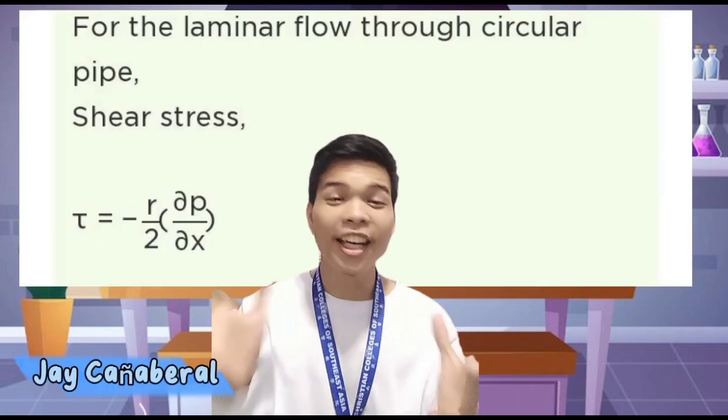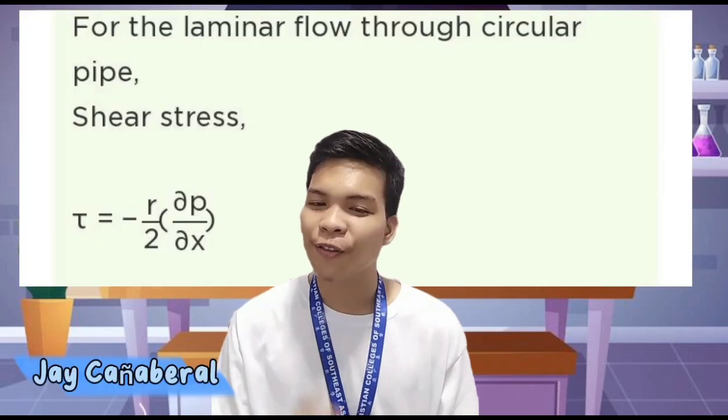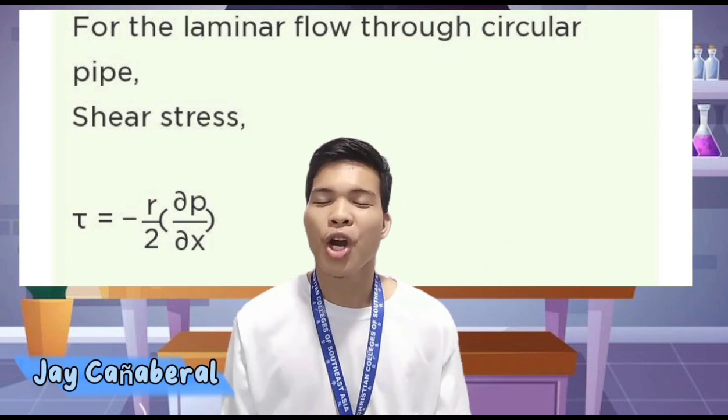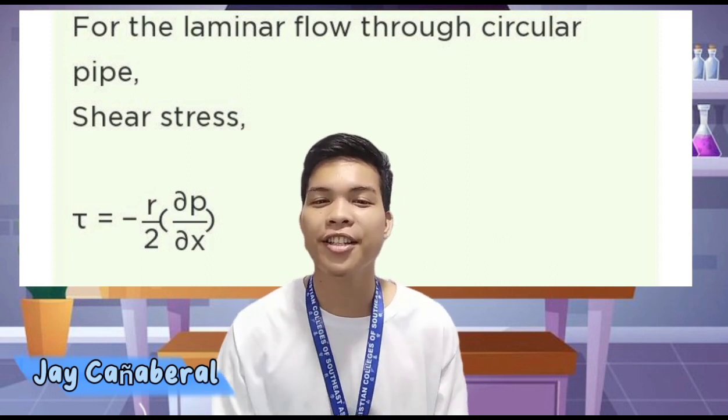Just like in the pipe experiment, we'll introduce a dye to visualize the flow and use pressure sensors to measure pressure differences between the two plates. In addition, for the laminar flow through a circular pipe, we have the formula for shear stress.